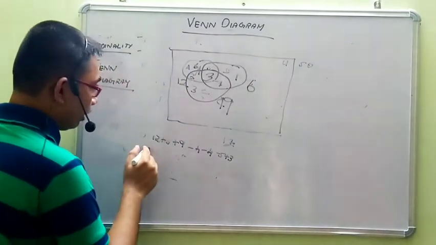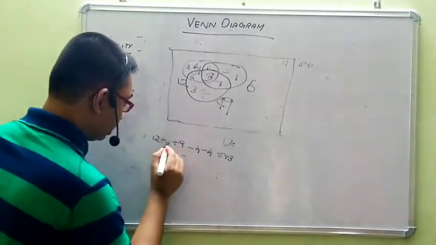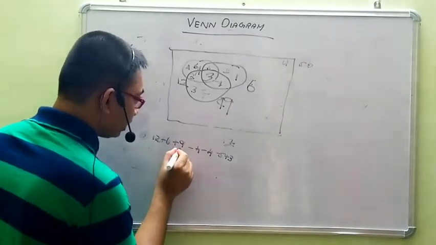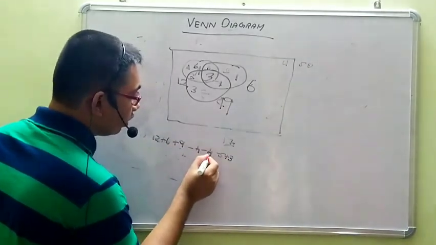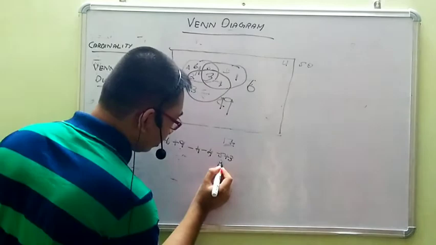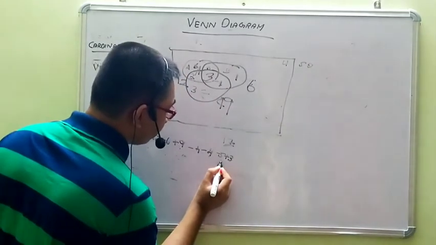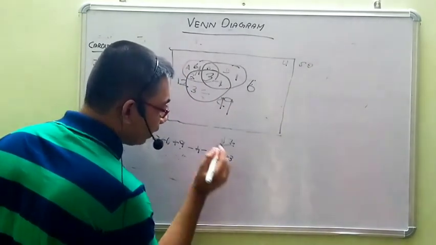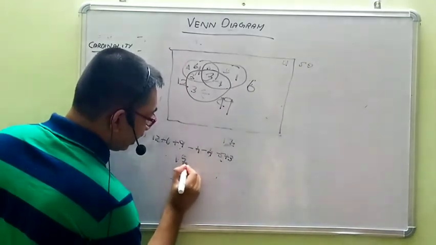When you see, 12 plus 6 is 18, plus 9 is 27, minus 4 is 23, minus 4 is 19, minus 5 is 14, plus 3 is 17. Same answer.